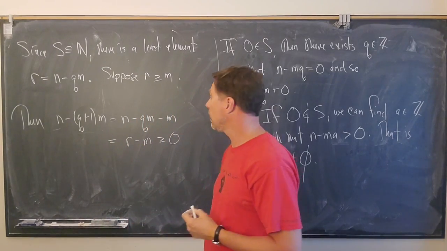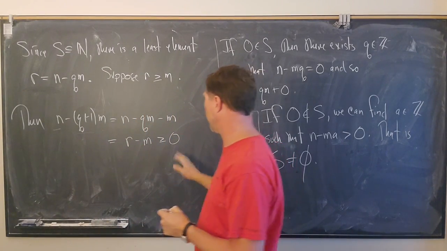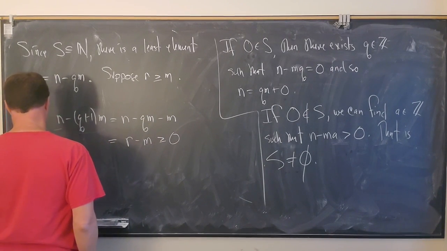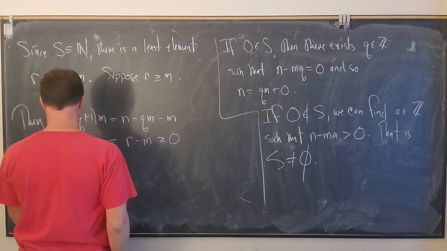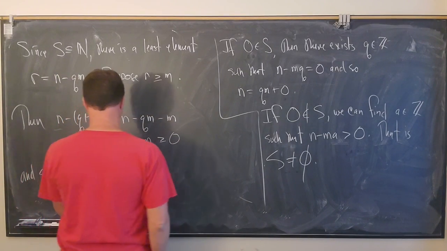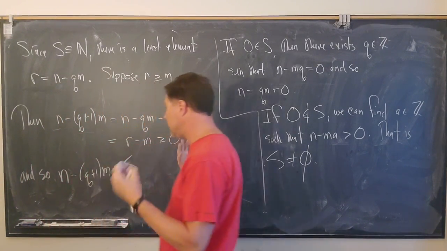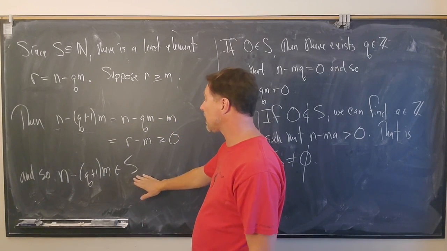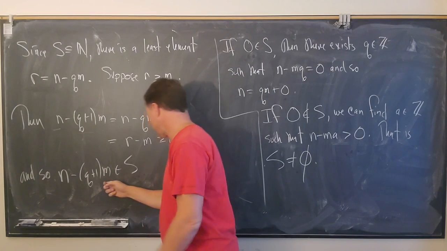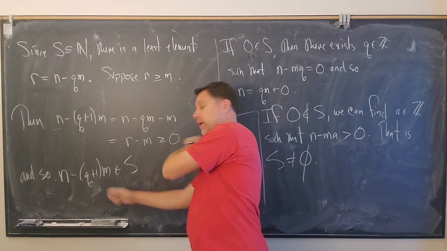That's what elements in S look like. So we can say that n minus q plus 1 times m is an element of S. It is of the proper form to live inside S because it is n minus an integer times m that gave us something that's greater than or equal to 0.